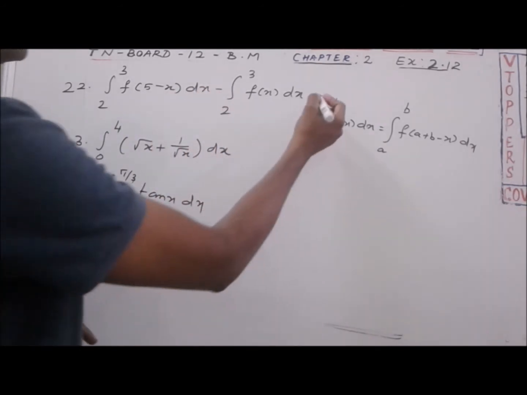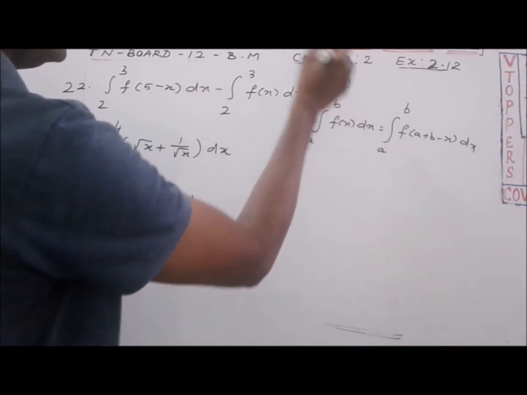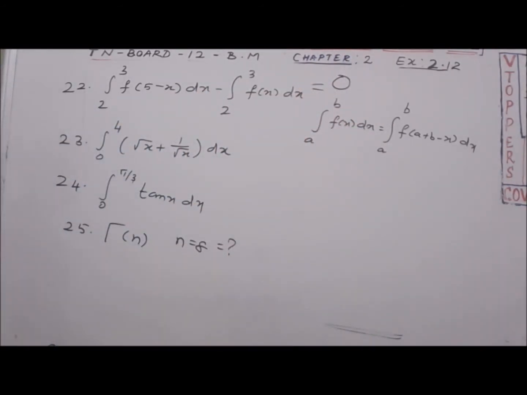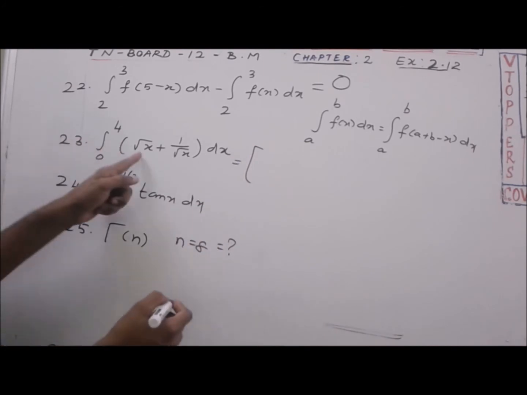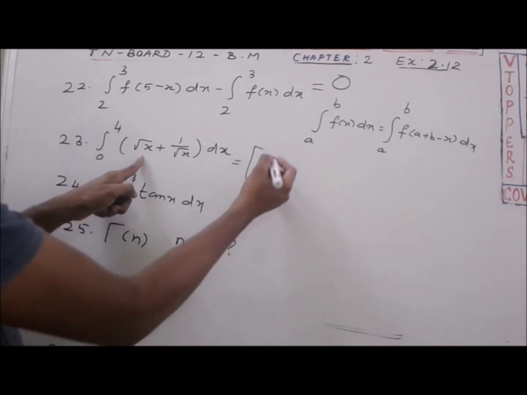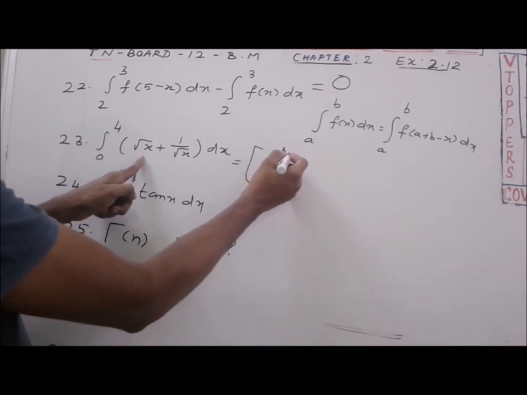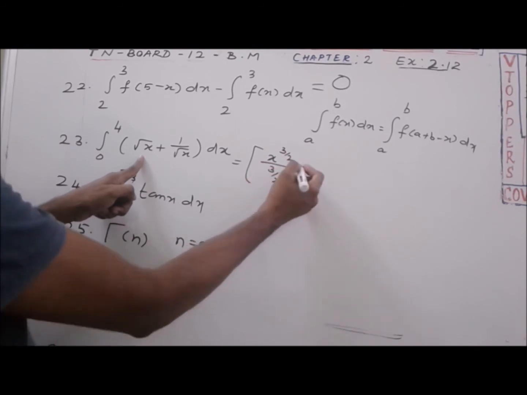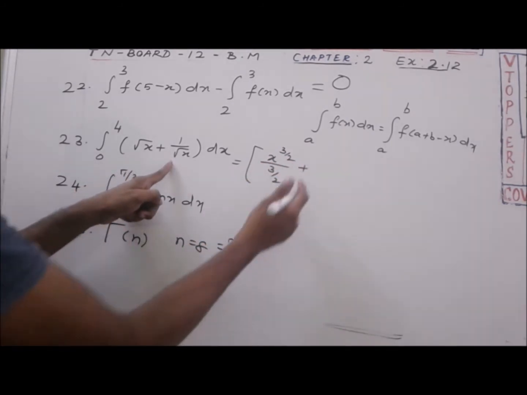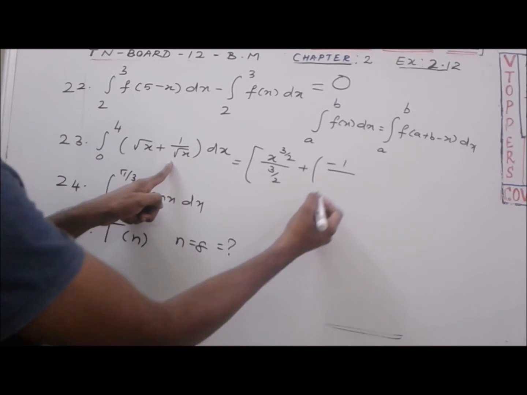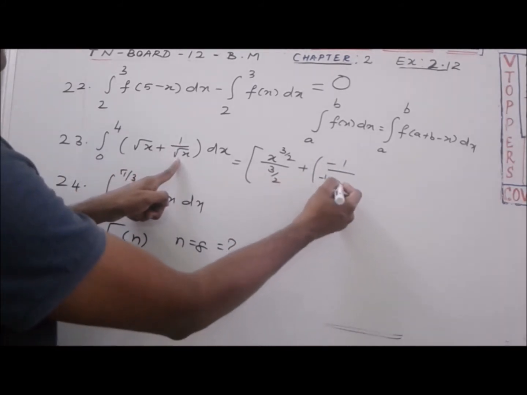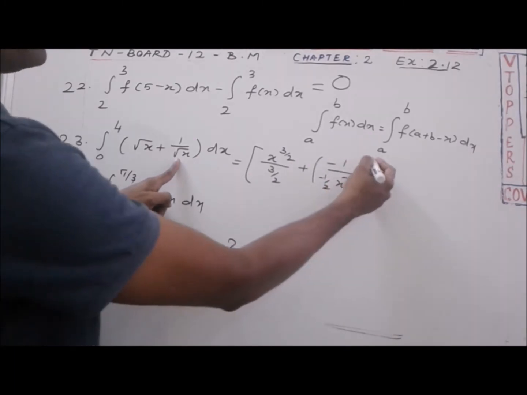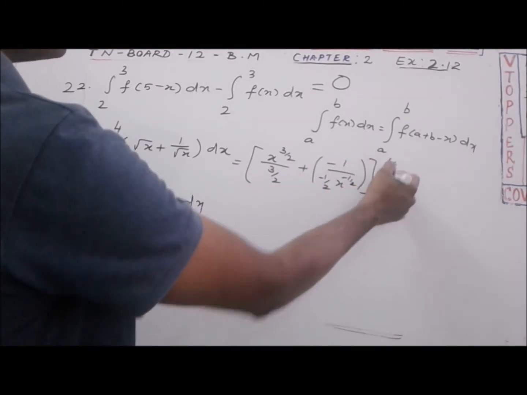When subtraction, it yields answer 0. Now question number 23, integrate this, equal to x power 1 by 2 plus 1 by 1 by 2 plus 1, plus x power minus 1 by 2 plus 1 by minus 1 by 2 plus 1, limits 0 to 4.